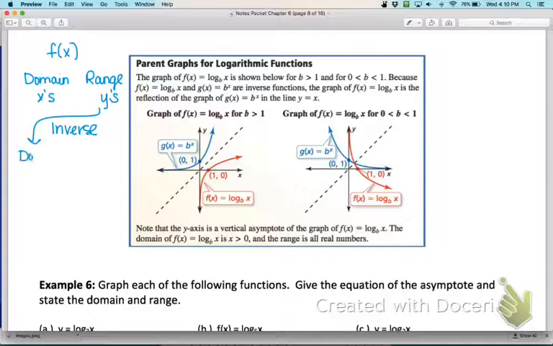The y's become whatever is in my domain, and the x's become whatever is in my range. If I have an original function with x's and y's, I just switch the x's and y's, and that is how I figure out the ordered pairs for the new graph.